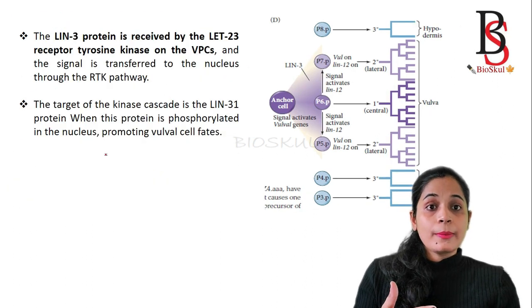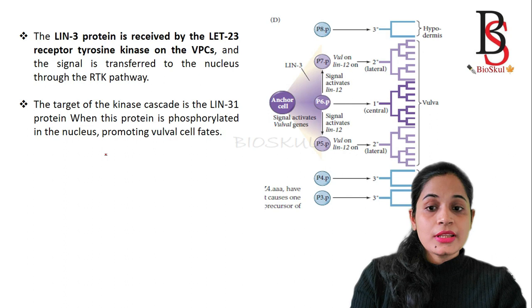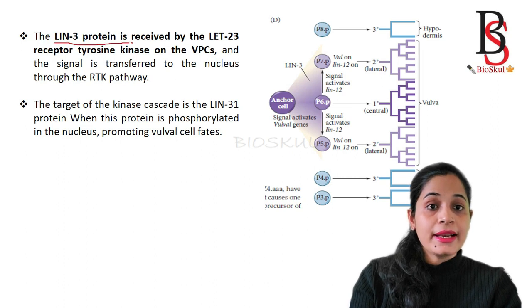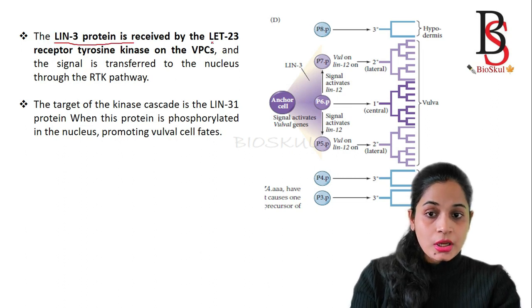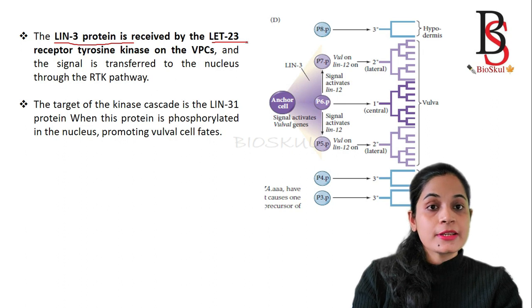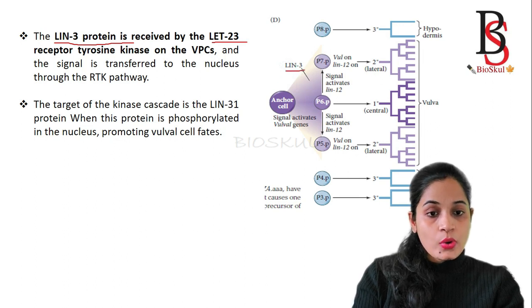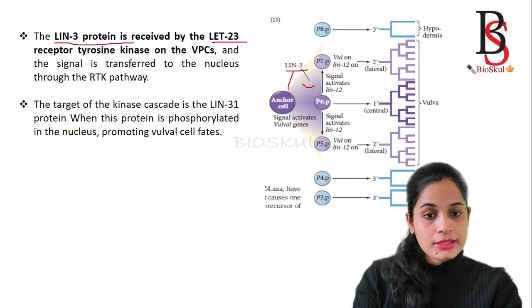So how are the vulval cells formed? The lin-3 protein secreted by the anchor cell is received by the LET-23 receptor. It is a receptor tyrosine kinase present on the vulval precursor cell.